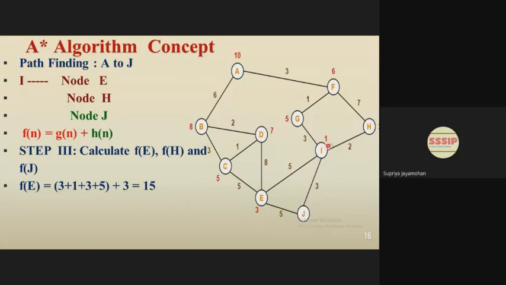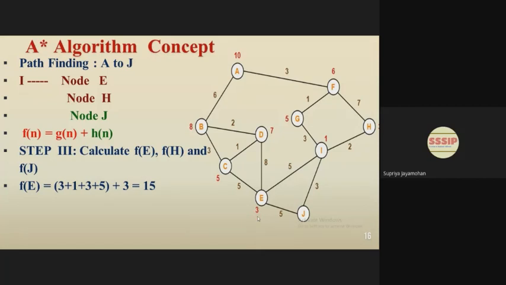So we start with evaluating the function for node E, which is going to be 3 plus 1 plus 3 plus 5, and the heuristic value at node E, which is going to be 15. So the value of the function f of E is going to be 15.